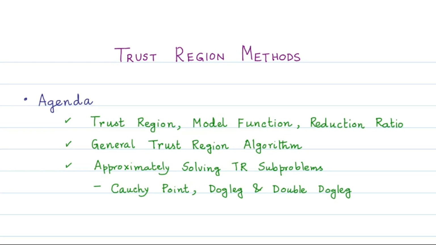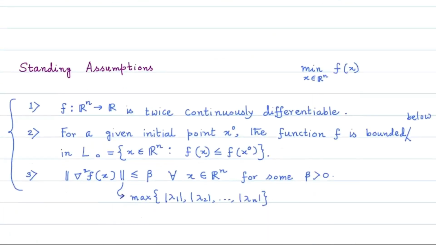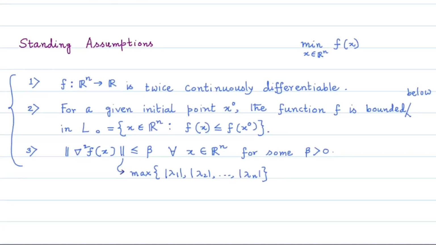Let's start. In describing trust region methods, we consider three standing assumptions. The first, the objective function of the problem under consideration is twice continuously differentiable. The second point is that for a given initial point x0, the objective function f is bounded below in the initial level set L0.